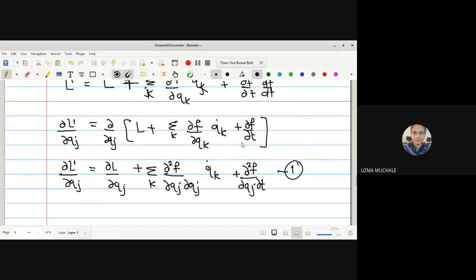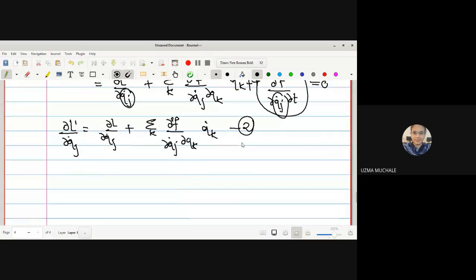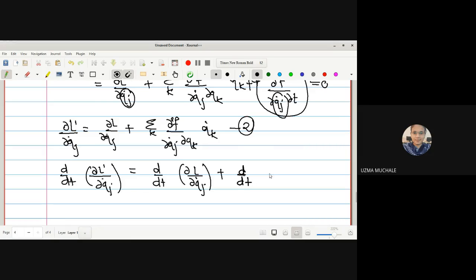This is the first term of the equation, this is the second term, but we have to find out the derivative of this one. d by dt of dou L dash by dou qj dot is equal to, okay, let me find out d by dt of dou L by dou qj dot plus. Now we have to find out the derivative of this term.